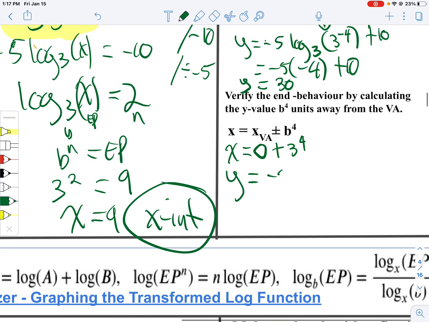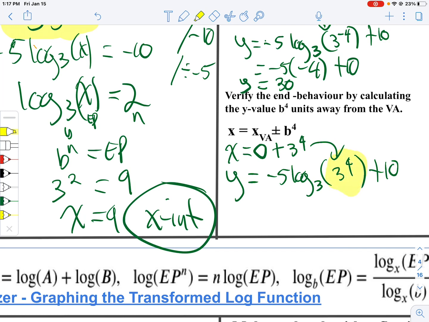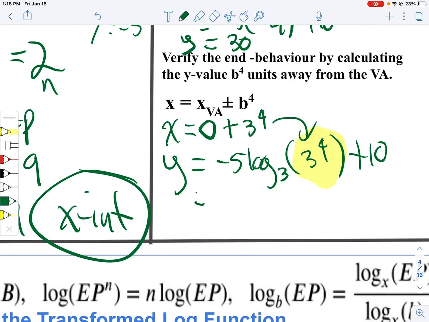Well, negative 5 log of x base 3 plus 10. I sub in that 3 to the 4th. And that makes life really good because log of 3 to the 4th to the base 3 is automatically 4. Hopefully you see why I'm using this in terms of exponents rather than actual x values.